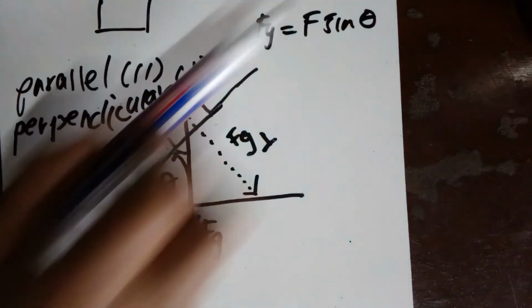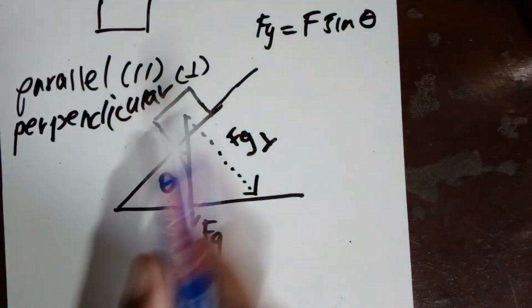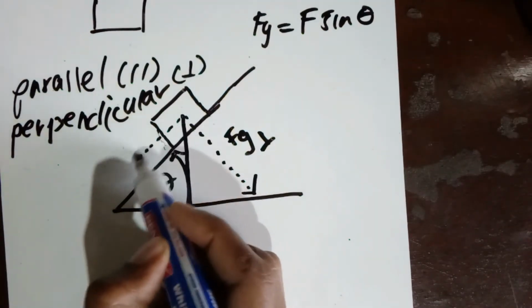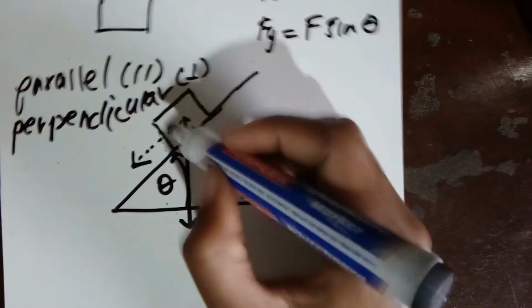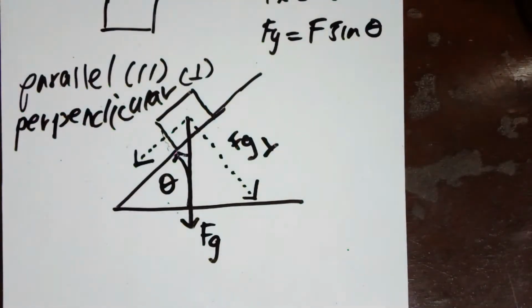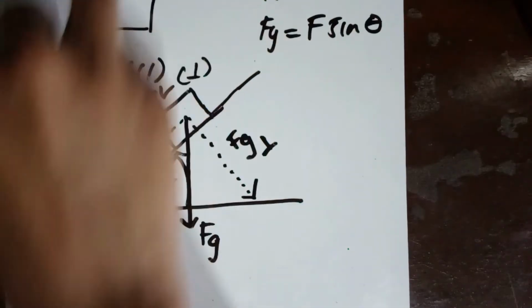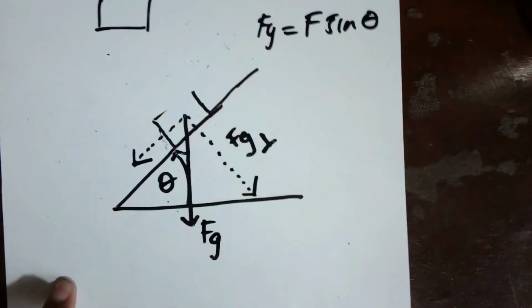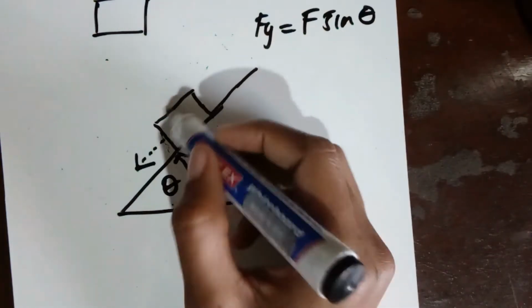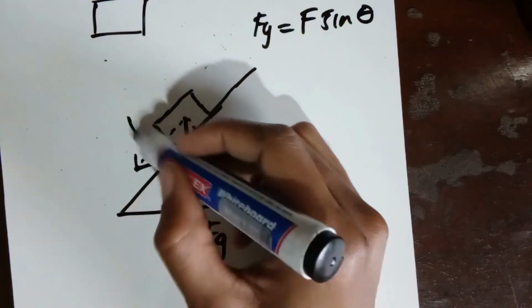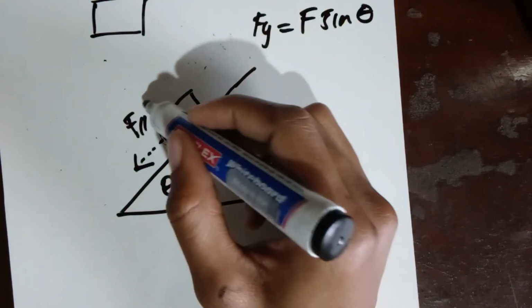Maybe this object was moving up or down, and we would call this F parallel.